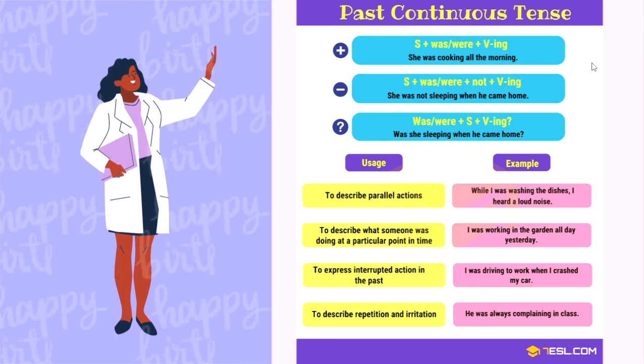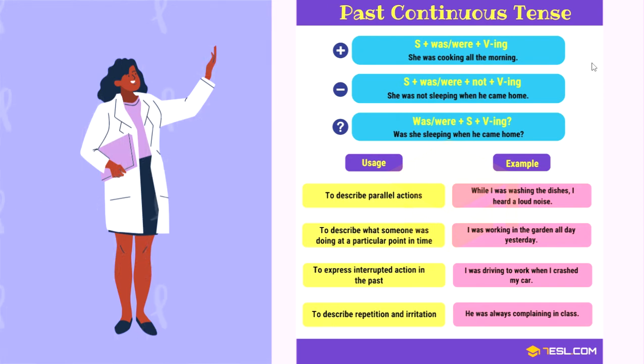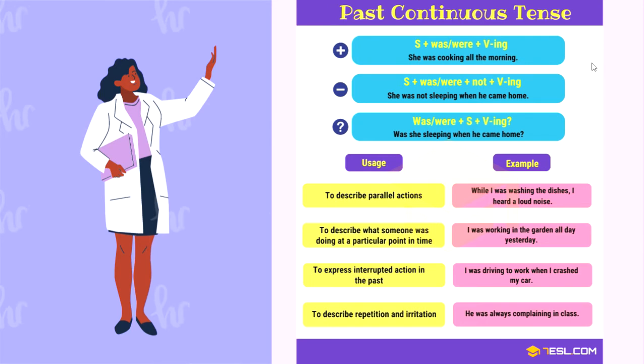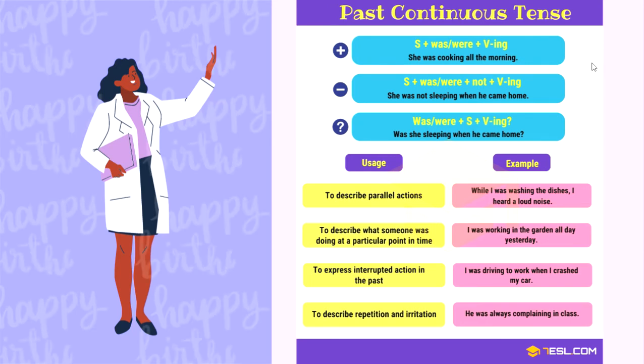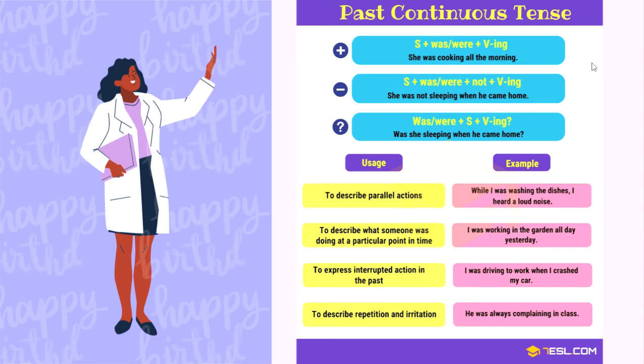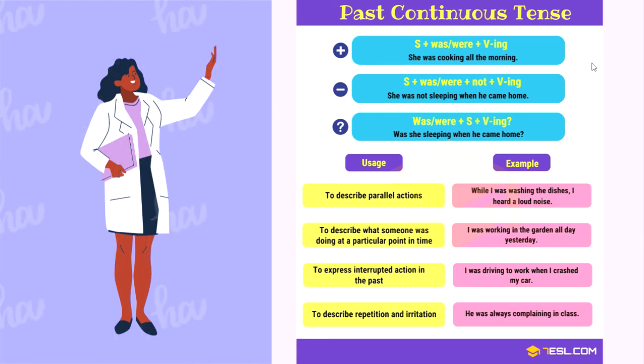Remember that you use subject plus was or were auxiliary plus verb with ing plus complement. In this picture, you can see positive, negative, and interrogative sentences.